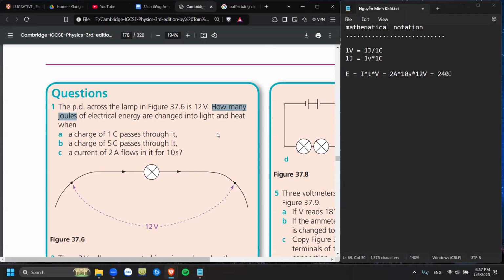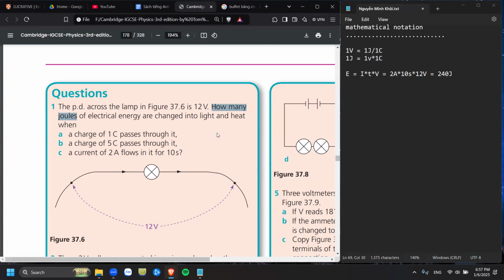Remember, units are very, very important, because let's just say $10 or 10,000 Vietnam dong. That's different, right? It's a big difference.